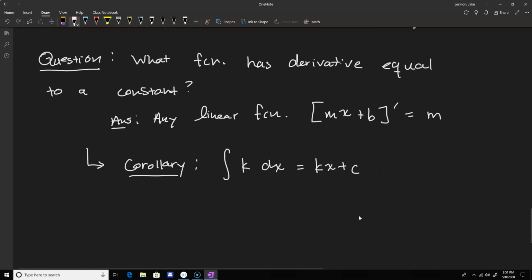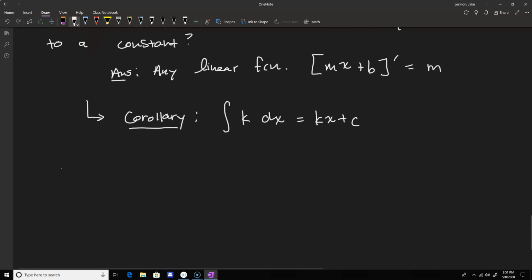So let's just build this into a polynomial example. So let's say we want to compute the antiderivative of 9x squared plus 5x minus 3.